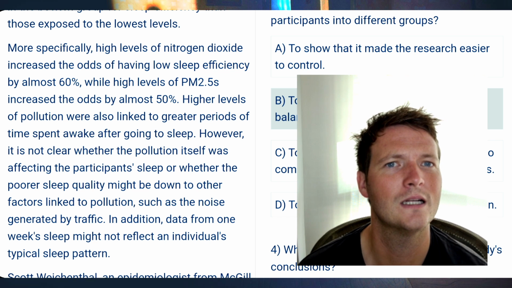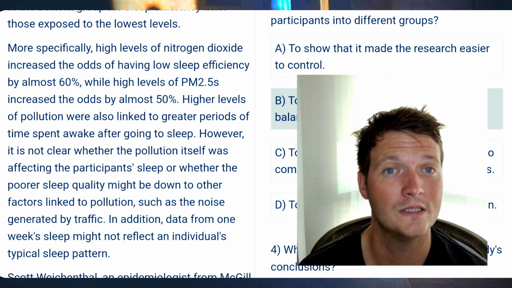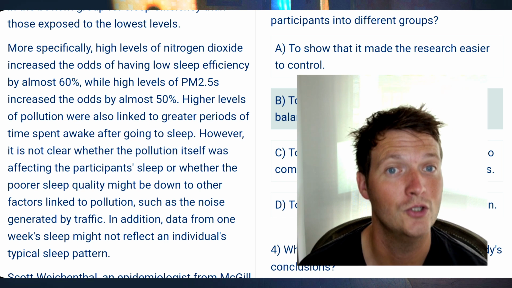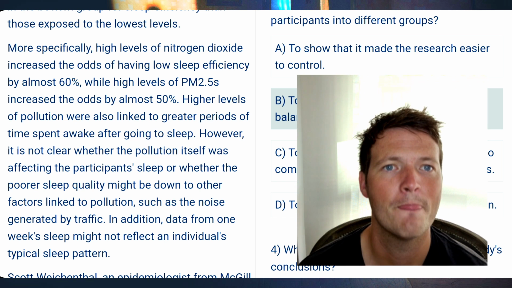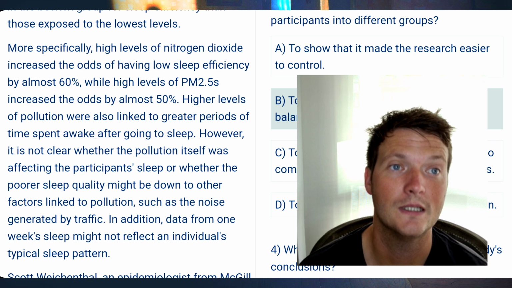However, it is not clear whether the pollution itself was affecting the participants' sleep or whether the poorer sleep quality might be down to other factors linked to pollution, such as the noise generated from traffic. In addition, data from 1 week's sleep might not reflect an individual's typical sleep pattern.